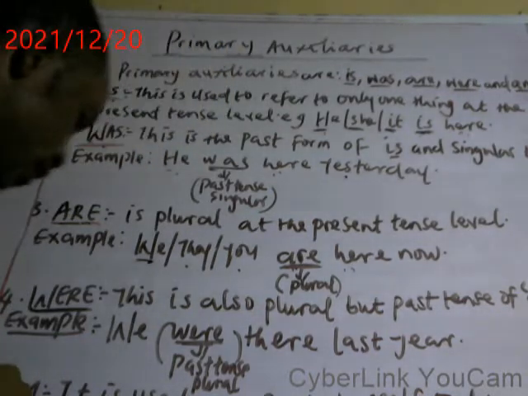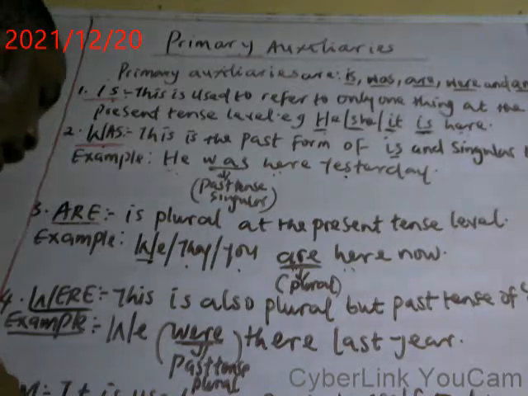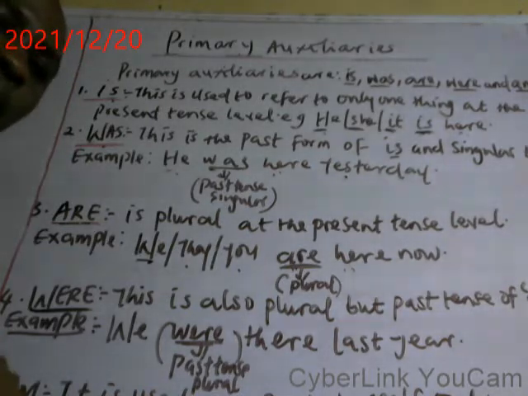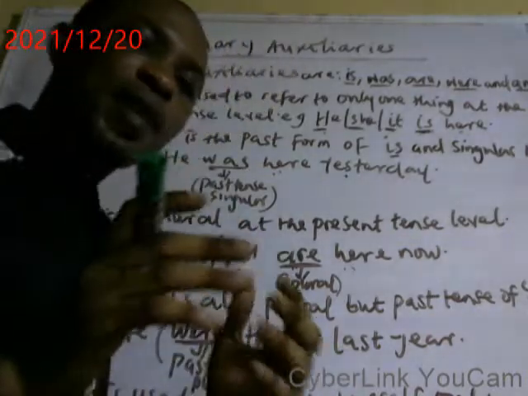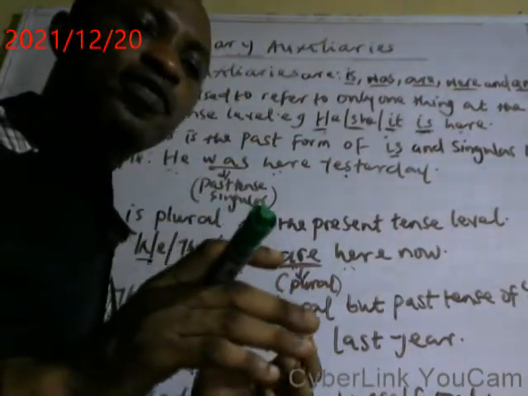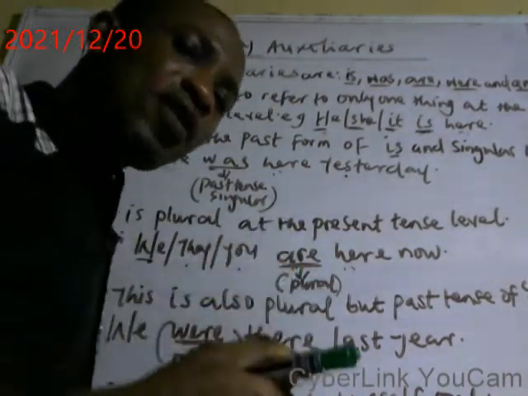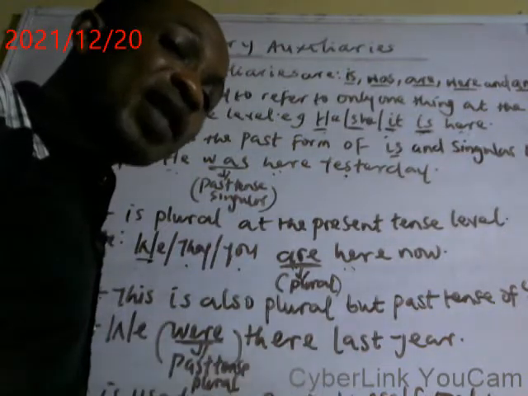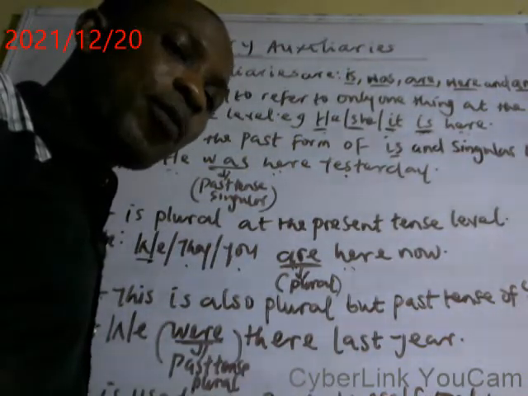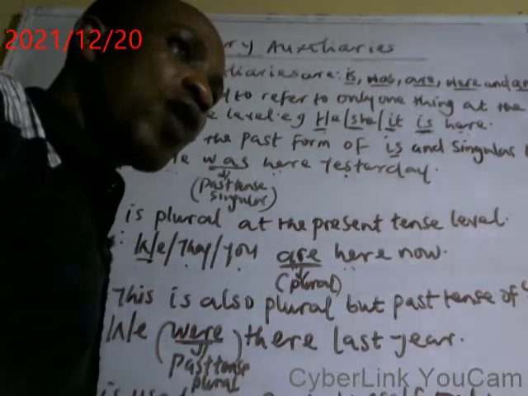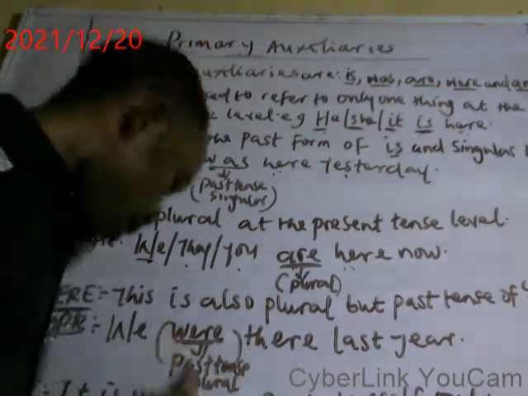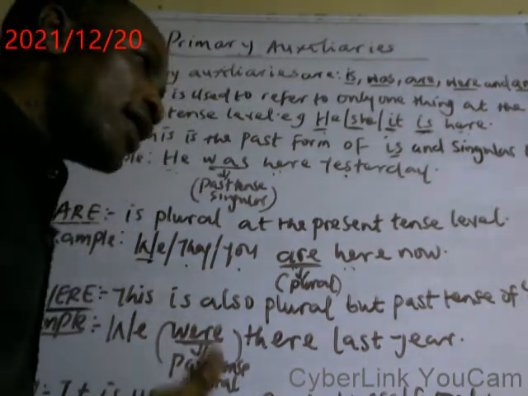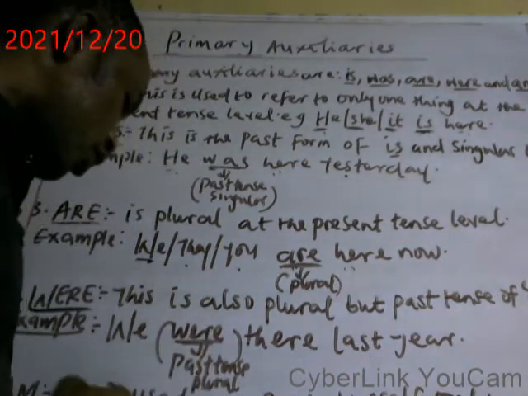The last one, "am". That is A-M. Basically, "am" is used when you are making reference to yourself at the present tense level. That is when you can appropriately make use of what? "Am". Look at it.